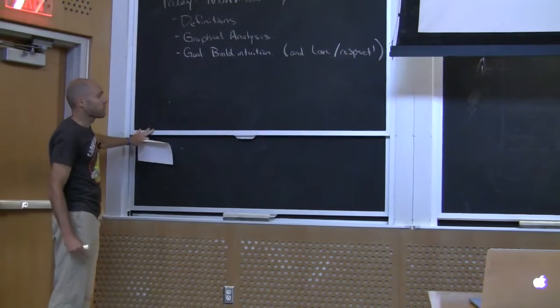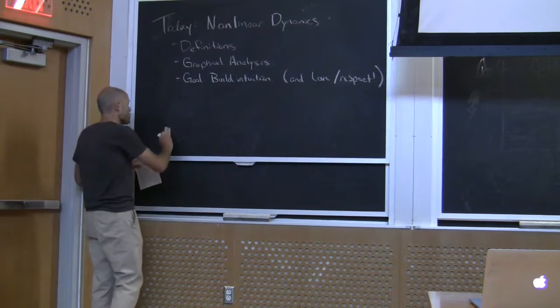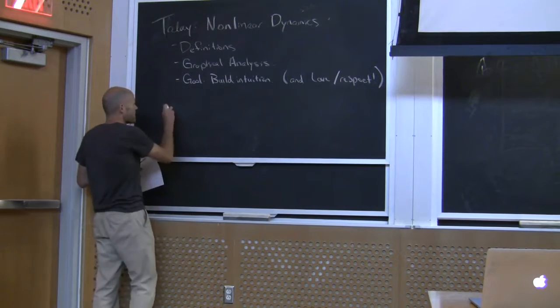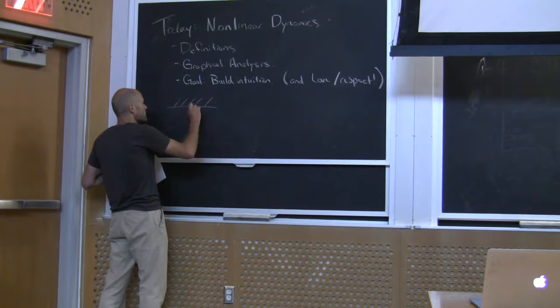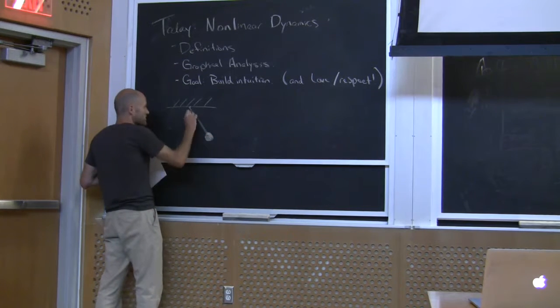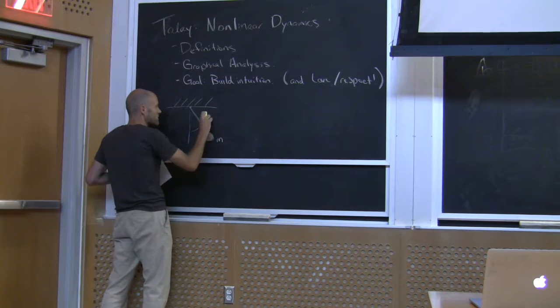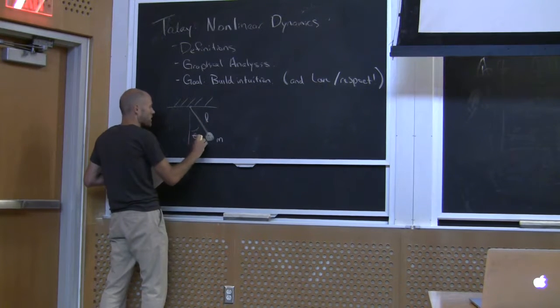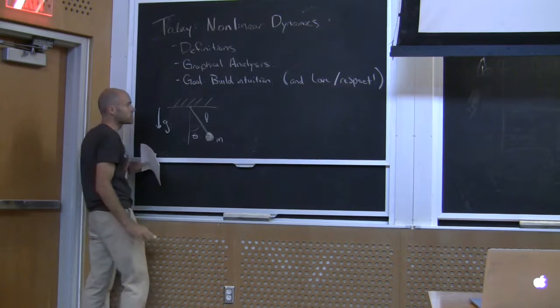So we'll use a number of examples throughout the lecture today, but we'll actually spend relatively a lot of time on the simple pendulum. That's sort of what we're going to use as our anchor for the course, for today. So the simple pendulum has a mass, a length, an angle theta, and gravity's down.